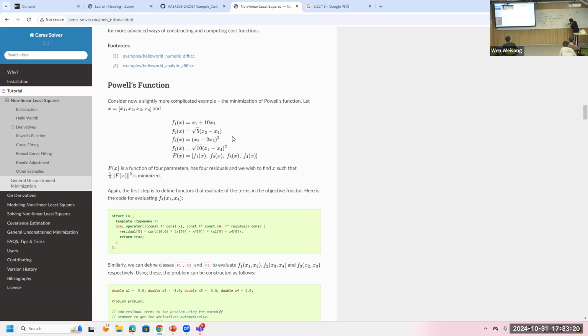The path planning problem is that I want to find a path. The first constraint is collision free. I should not have any collisions with the obstacles, right? The second one is the shortest distance.